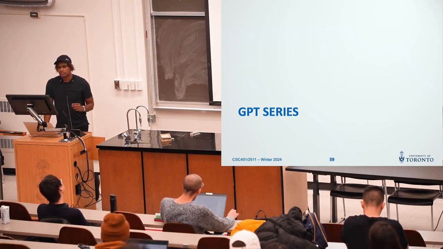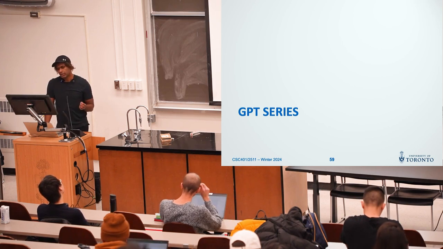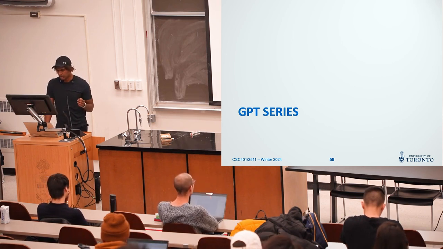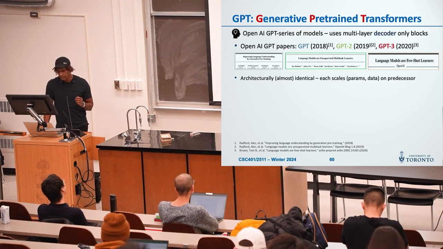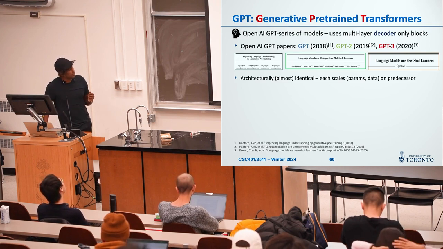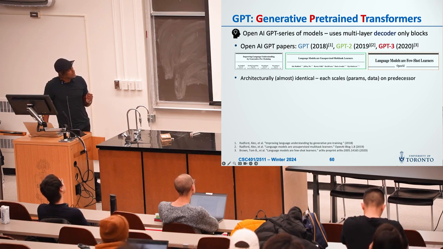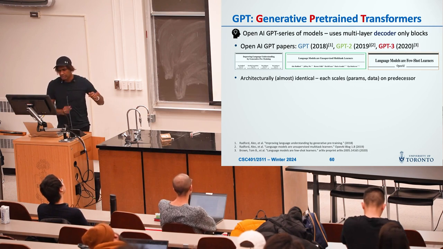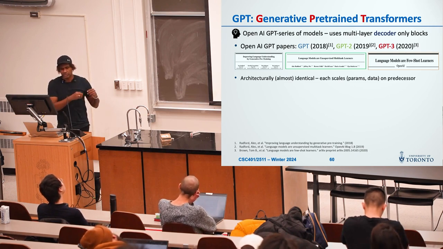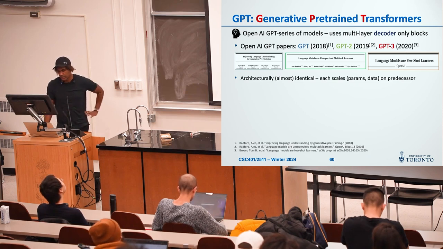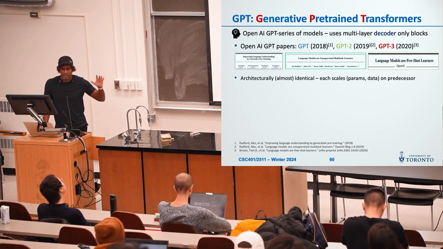Okay, so we talked about encoder only, encoder decoder. Now let's talk about the GPT series. So here are the first three papers, starting with GPT, and architecturally they're mostly similar, but each iteration has some more bells and whistles added to it in terms of training, data, etc. But architecturally it's very simple.